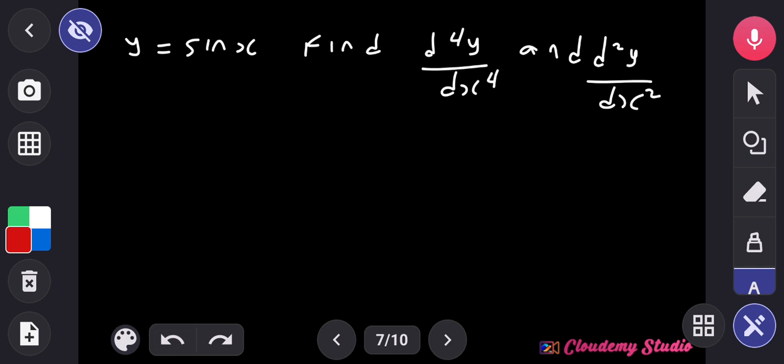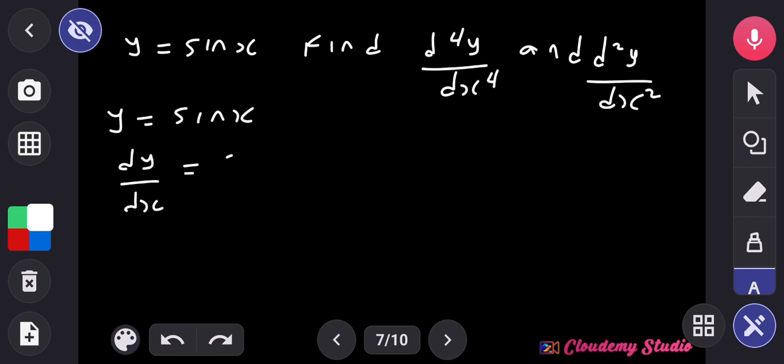Now, how are we going to do this? Same way we have been doing it. We know that for y equals sin x, dy/dx will be equal to cos x. Our d²y/dx² will be equal to minus sin x, which means, what's our y?